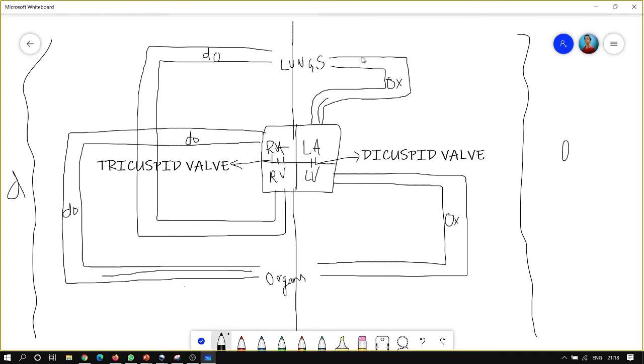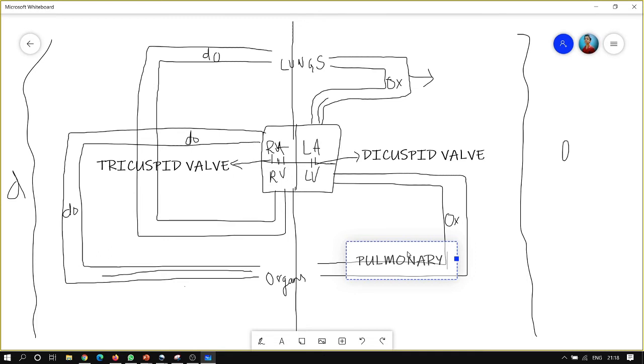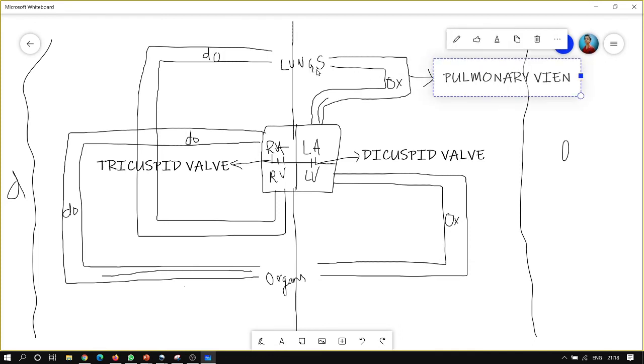So now these pathways here, let me just write it. This is known as the pulmonary vein, which carries the oxygenated blood from the lungs to the left atrium.